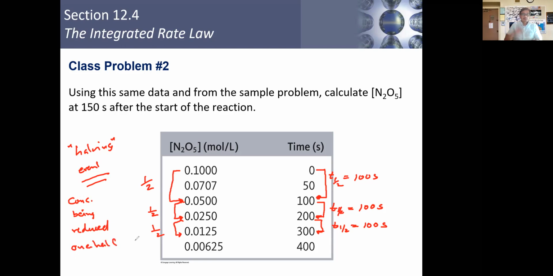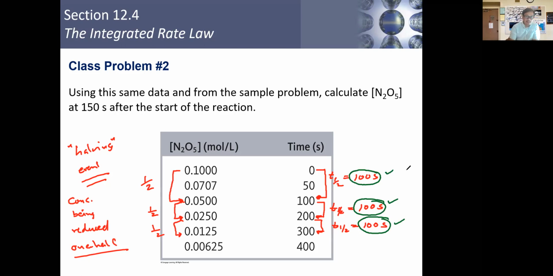The time it takes to cut the concentration in half is the same for each one of these. The first halving event, 100 seconds. The second halving event, another 100 seconds. The third halving event is another 100 seconds. It takes the same time interval to cut the concentration in half each time.